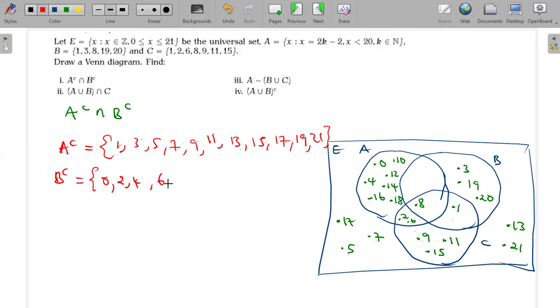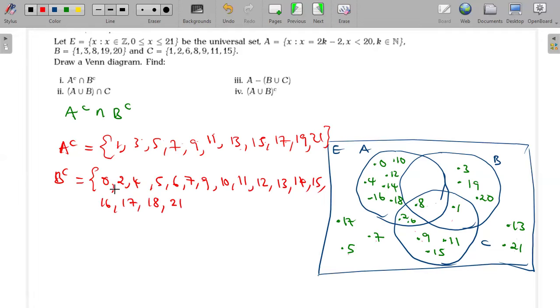Okay, so 4, then we have 6, 5 here also, I forgot 5, so we have 5 there, so 4, 5, and then we have 6, then we have 7, then 9, and then 10, 11, 12, 13, 14, 15, then 16, 17, 18, and then 20 is there also, then that would be 21.